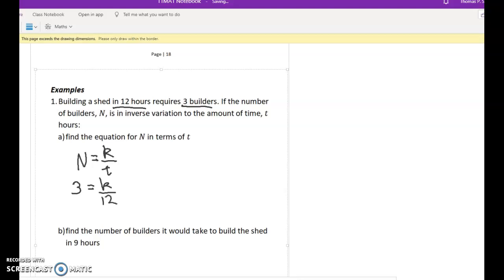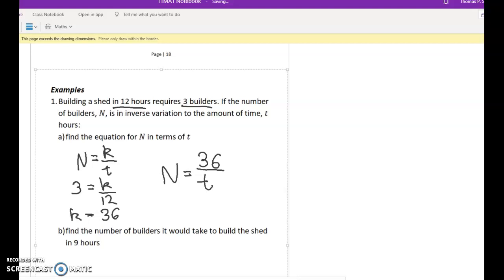So multiplying by 12 on both sides, we get k equals 36. And so therefore our equation relating n and t is n equals 36 over t.